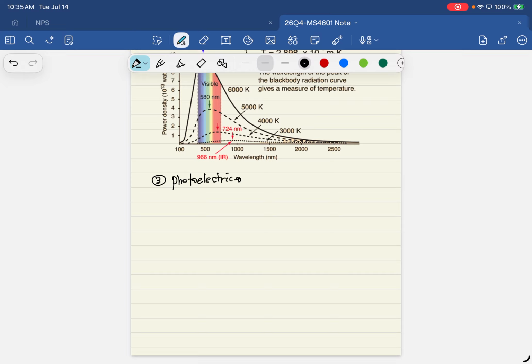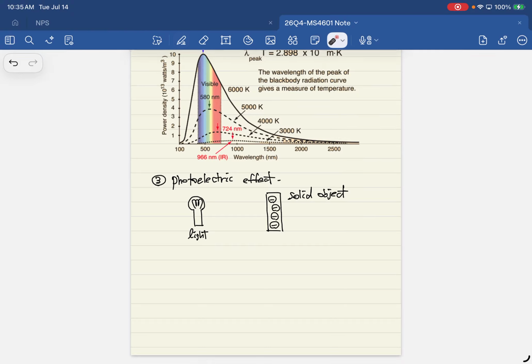Okay, so for this one, let me just describe the basic experimental finding. When you have a light source, and then you bring the solid object here, this solid object, like a metal, has abundant electrons available in the object.